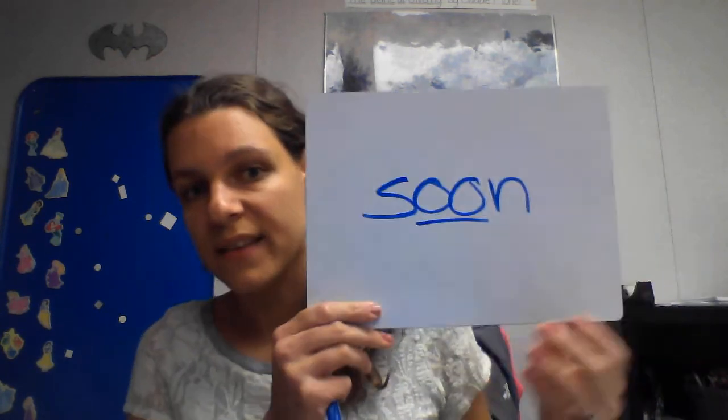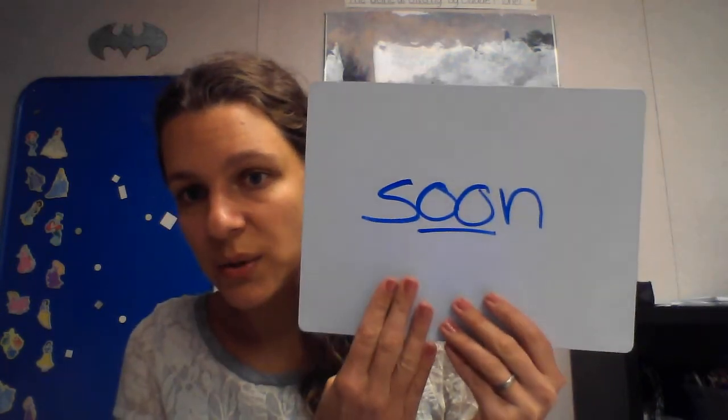Good. Write those sounds and say them while you write them. If I'm going too fast and you ever need to pause the video, please feel free. All right, this is our word, soon.